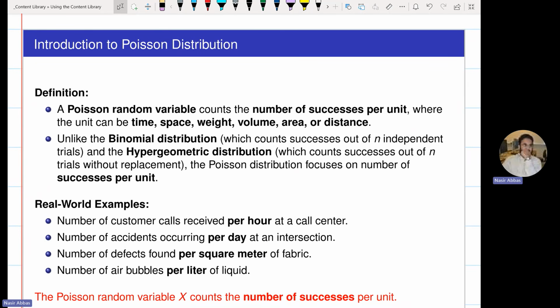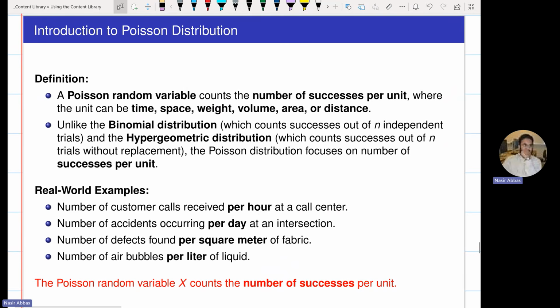Last distribution, Poisson distribution. A Poisson random variable again counts the number of successes. Binomial was the number of successes out of n independent trials. Hypergeometric was the number of successes when the trials are not independent, without replacement selection.